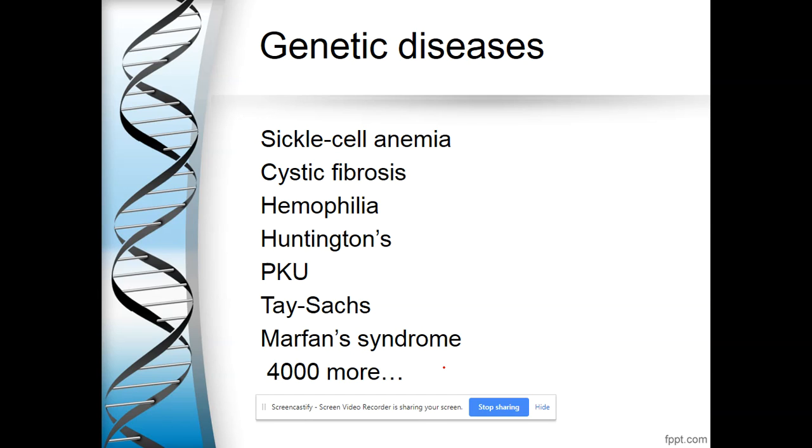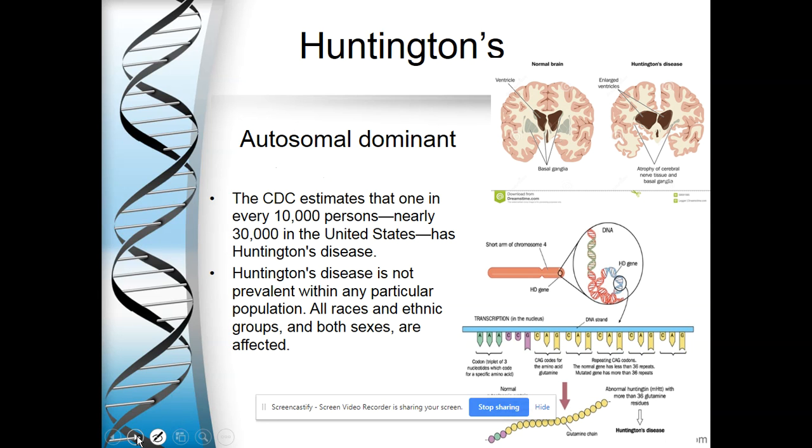Tay-Sachs is another one, Marfan syndrome, about 4,000 more, which sounds like a lot, but genetic diseases are pretty rare because tragically most of the individuals that have them die before they can pass that trait on. Good. Not good. I mean, it's tragic, but more ideas.